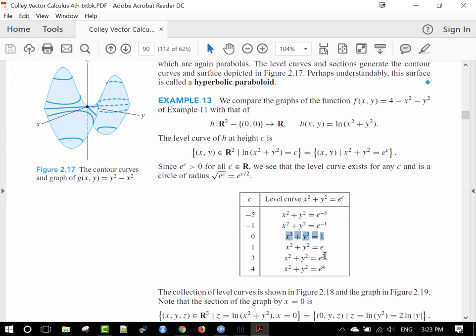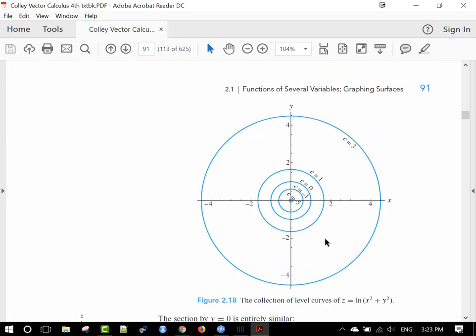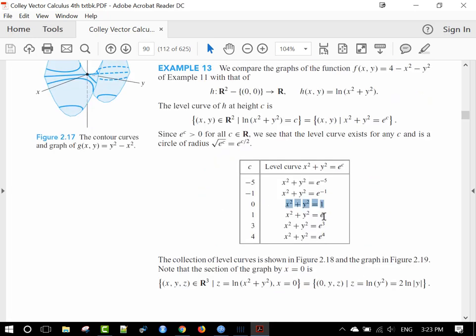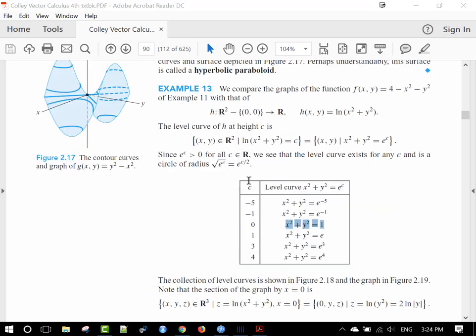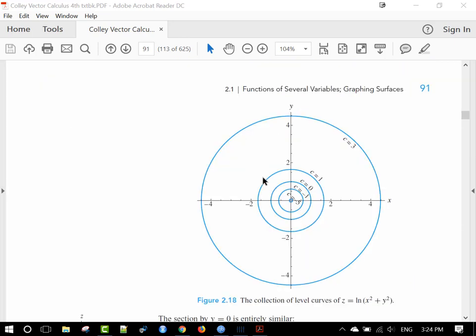And I guess they're circles also. So these are the circles. So maybe that gives you some idea of what the graph of this looks like.